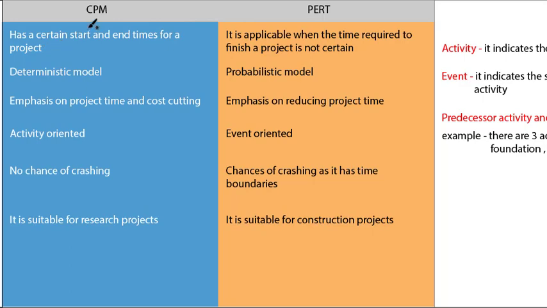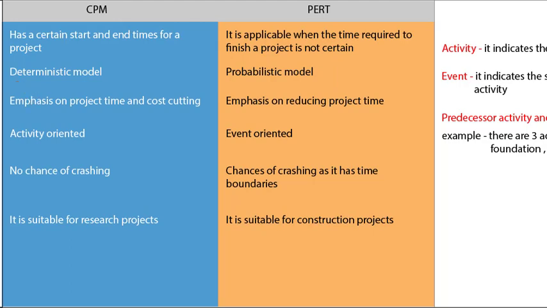Here start and end times are known, and here the end time is not known. So CPM is more like a deterministic model, where you can work with the determination that you will finish within that time, while PERT is like a probabilistic model. You don't know when it will be finished.